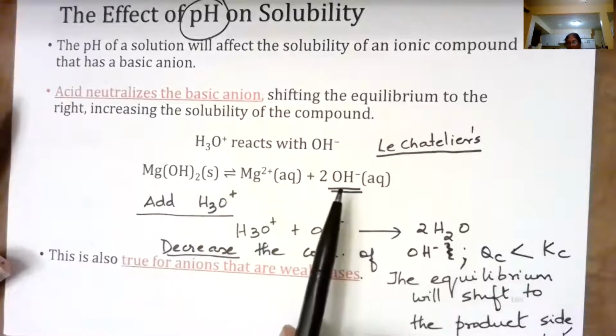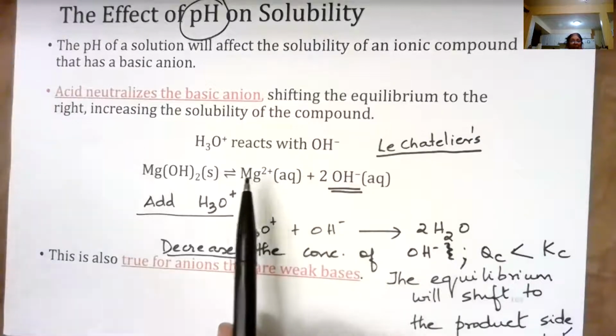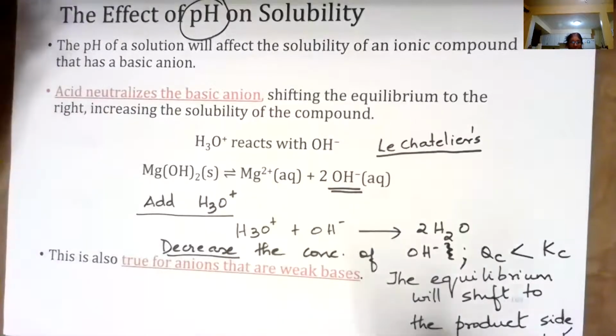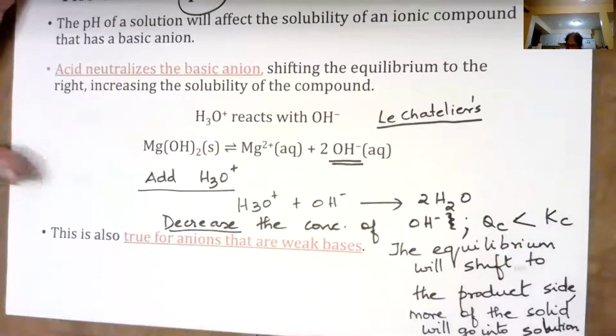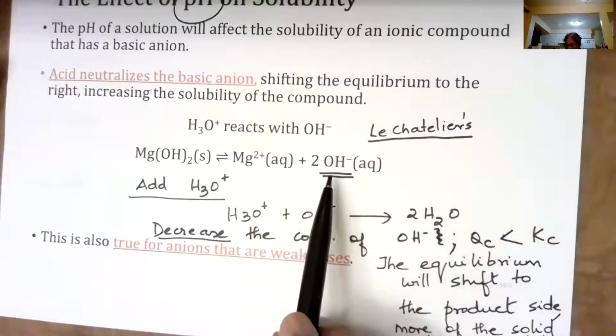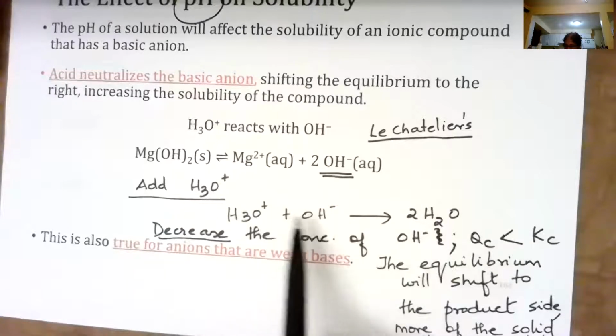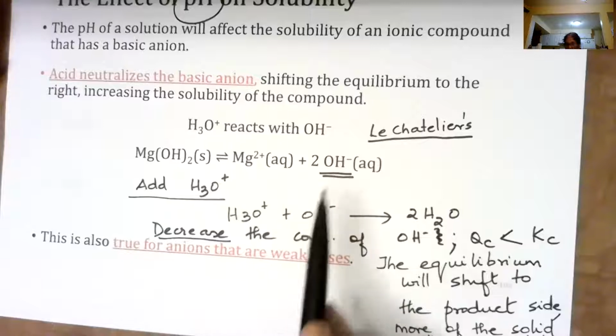So naturally, you have free hydroxide ions in solution, with magnesium hydroxide dissociating. But then if you have a way to remove the hydroxide ion, and because this is basic, you can add an acid, and the acid will react with the OH minus.